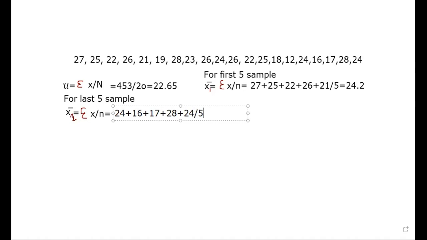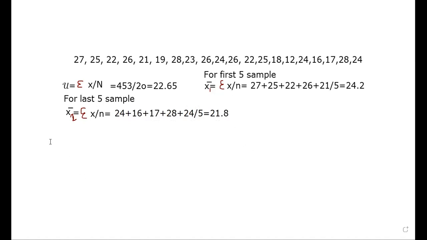So the result will be our sample mean. So 24 plus 16 plus 17 plus 28 plus 24 gives 21.8. So this is our sample mean for the last 5 samples.